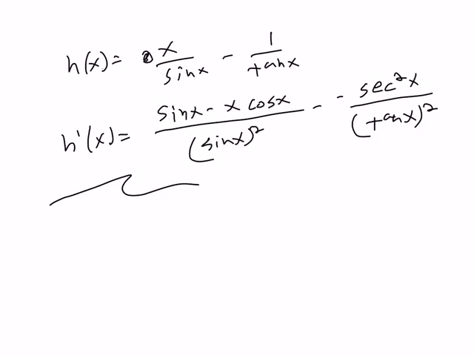Okay, next problem. We have y is equal to u times a cosine u plus b cotangent u.